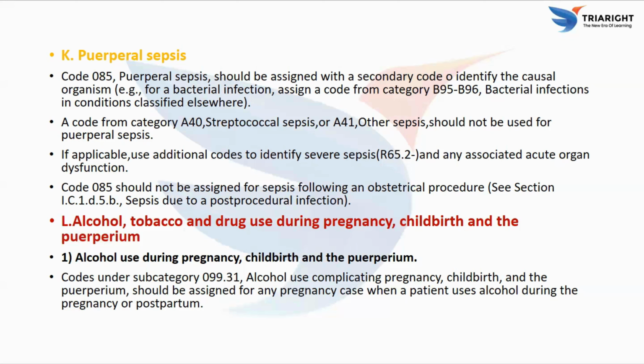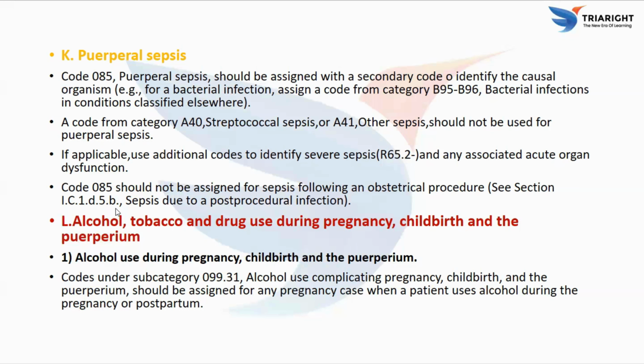Do not use O85 if sepsis happened due to an obstetric procedure, like sepsis after a C-section or infection and sepsis after an episiotomy repair. In this case, you have to use the code for post-procedural sepsis, that is section I.C.1.d.5.b.